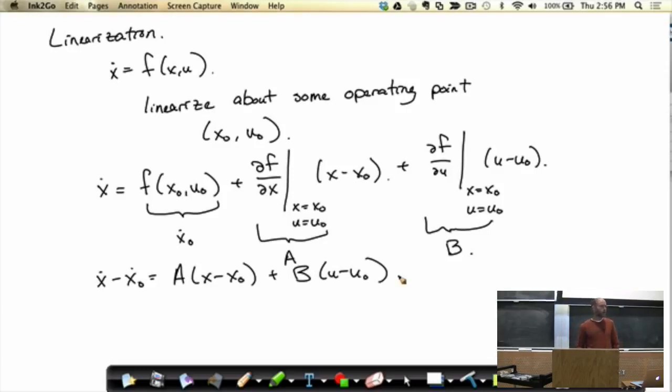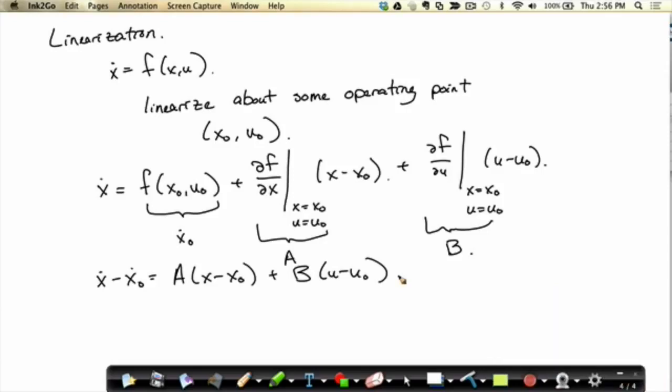And if I change my coordinate frame to be in the vicinity of that point, so I'll define x bar to be just x relative to that operating point, and same thing for u, then x bar dot, of course, is just that.